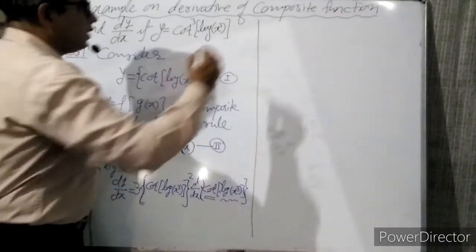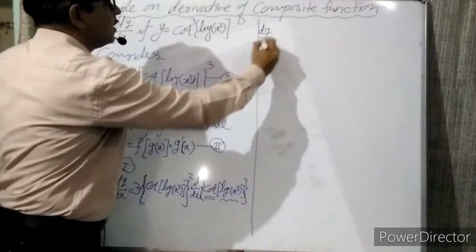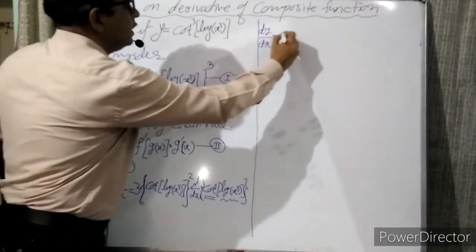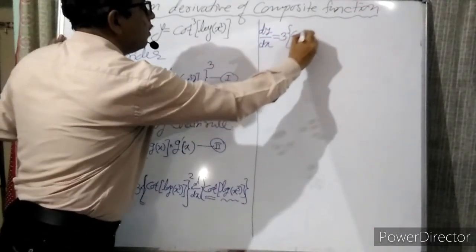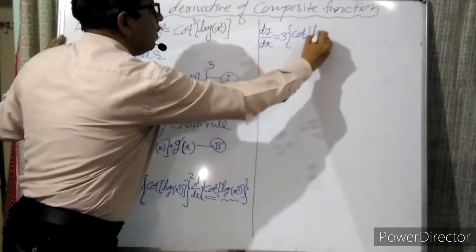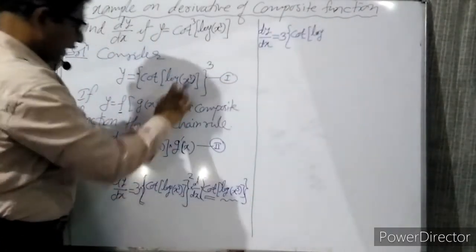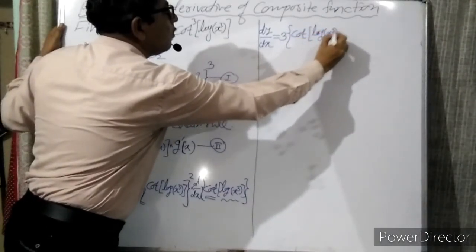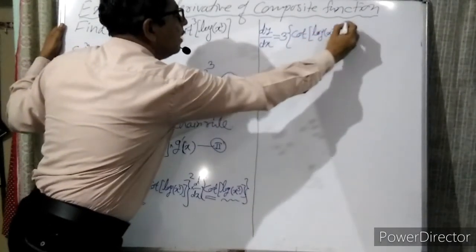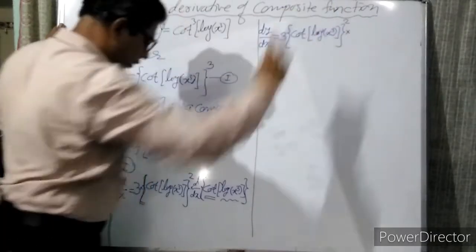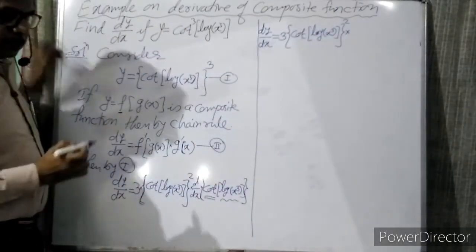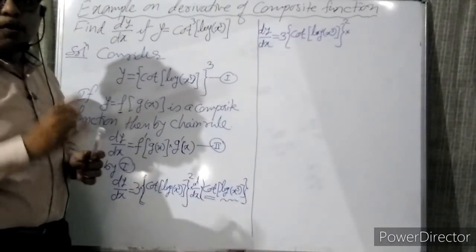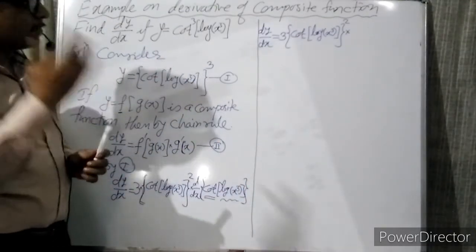Okay, so dy by dx is equal to, no change in the first part, it is 3 into cot of log of x cube, bracket complete, curly bracket complete, its square into, now we'll go for derivative of this. I may consider the inner function as u, cot u. Derivative of cot u is minus cosec square u.